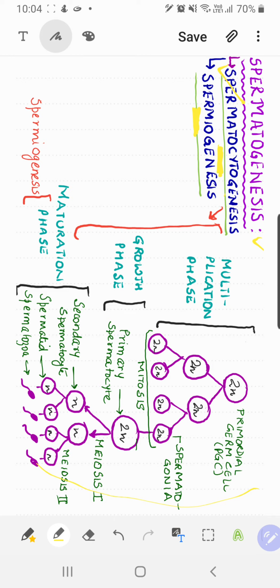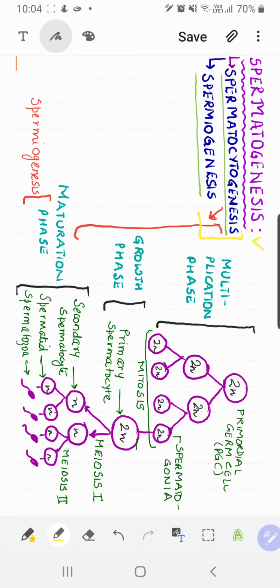Right, children? Now you can proceed further with the flow chart here. These two are the processes, that's okay, but you can see that the common thing that will be followed in spermatogenesis and oogenesis are the three phases.